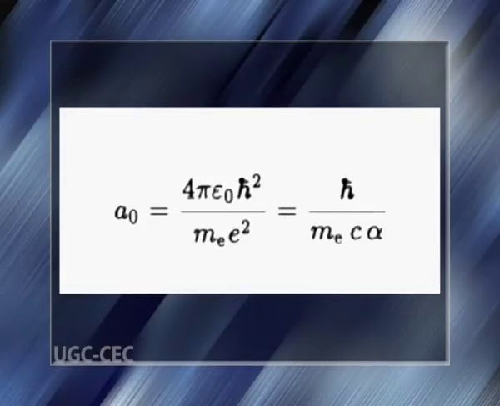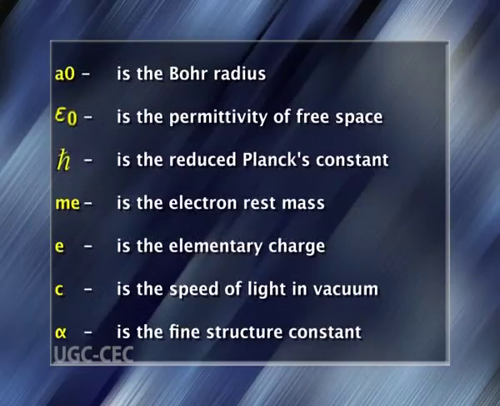In SI units, the Bohr radius is a0 = 4π ε0 ħ² / (me e²) = ħ / (me c α), where a0 is the Bohr radius, ε0 is the permittivity of free space, ħ is the reduced Planck's constant, me is the electron rest mass, e is the elementary charge, c is the speed of light in vacuum, and α is the fine structure constant.